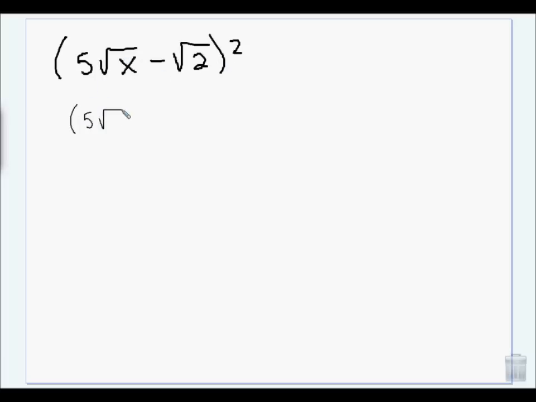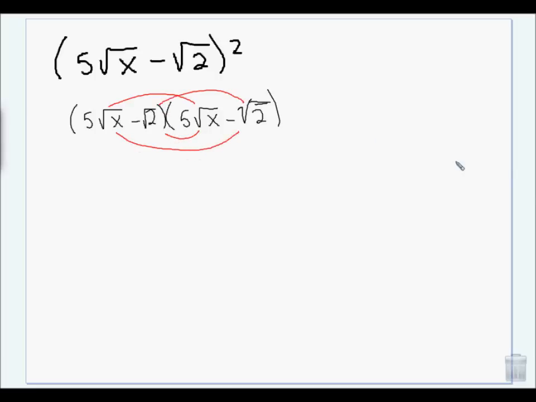So this is the same as if I spread it out. And then I can FOIL this. So I'd have first, outside, inside, last.